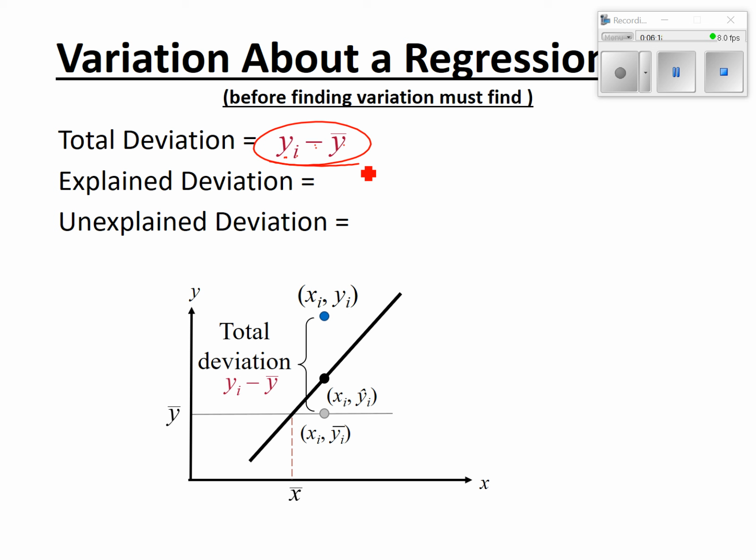Looking at this, the total deviation is from the actual point that we have in our data that we collected to the mean of our y's down here, and this whole thing right here is our total deviation. That's how much we're deviating from here to there.